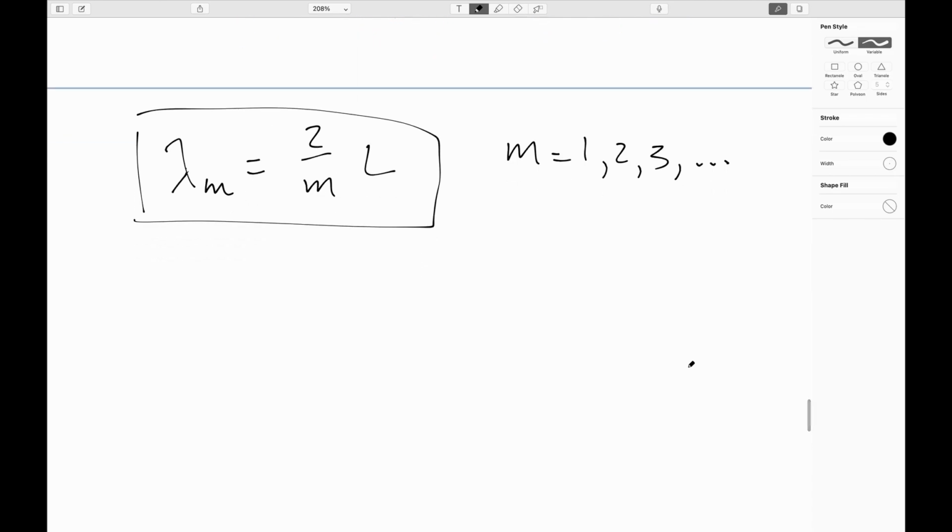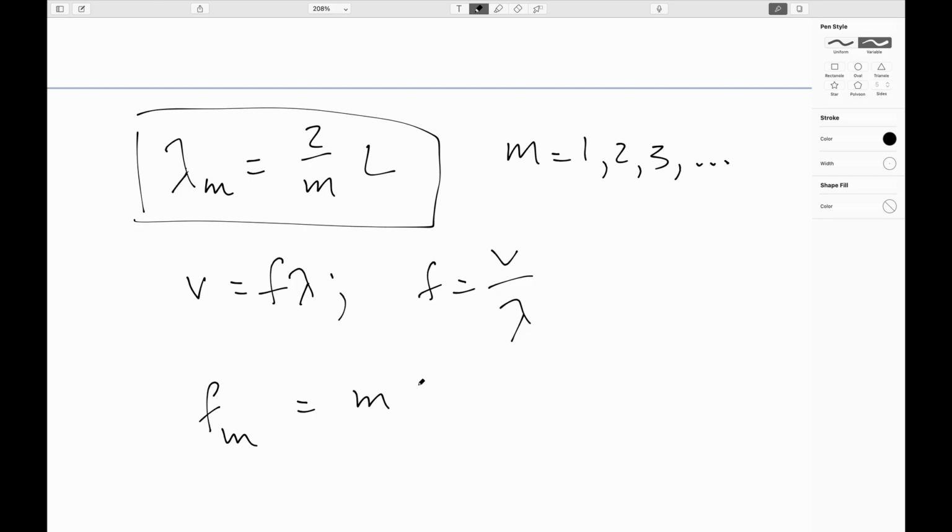We can also get the frequency, because the speed of any wave is equal to frequency times the wavelength, so we can rewrite that as the frequency is equal to speed over the wavelength. So putting in, we get the frequency of the mth harmonic will be m times the speed of the wave over 2L.